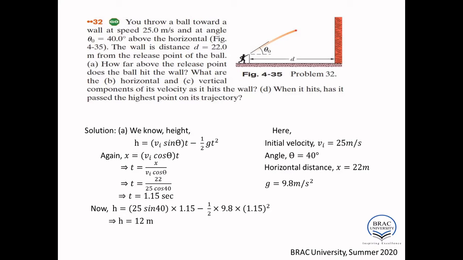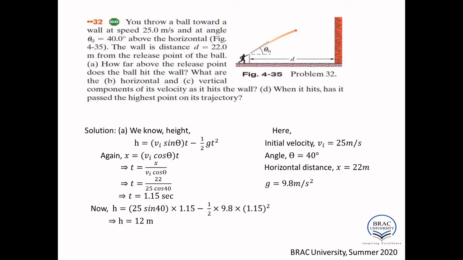Now for part A, how far above the release point does the ball hit the wall? And B and C, what are the horizontal and vertical components of its velocity as it hits the wall? Last one, as it hits, has it passed the highest point on the trajectory? So let's solve one by one.